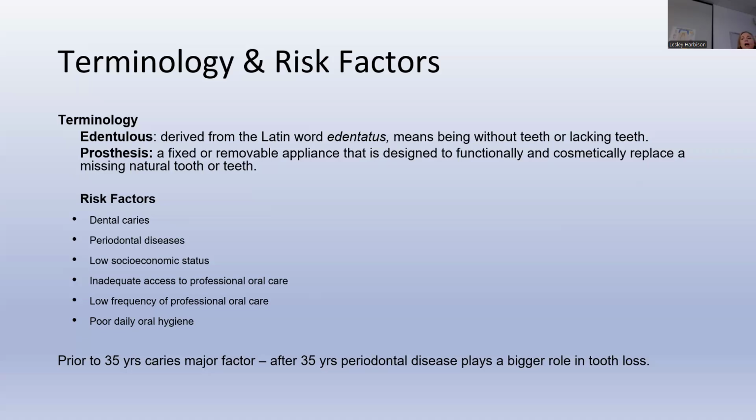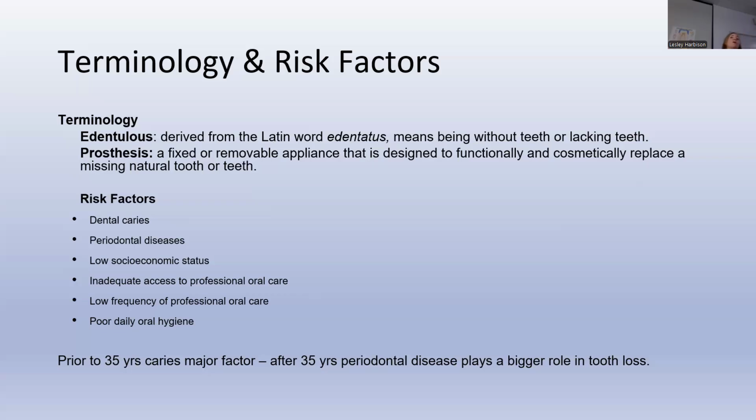When I worked for the periodontist, he used to tell patients all the time, prior to 35, your major risk factor is caries. And after 35, you kind of go into the risk factor of periodontal disease. I don't know if that's anecdotal or if it's scientifically based, but anecdotally, you do tend to see that.